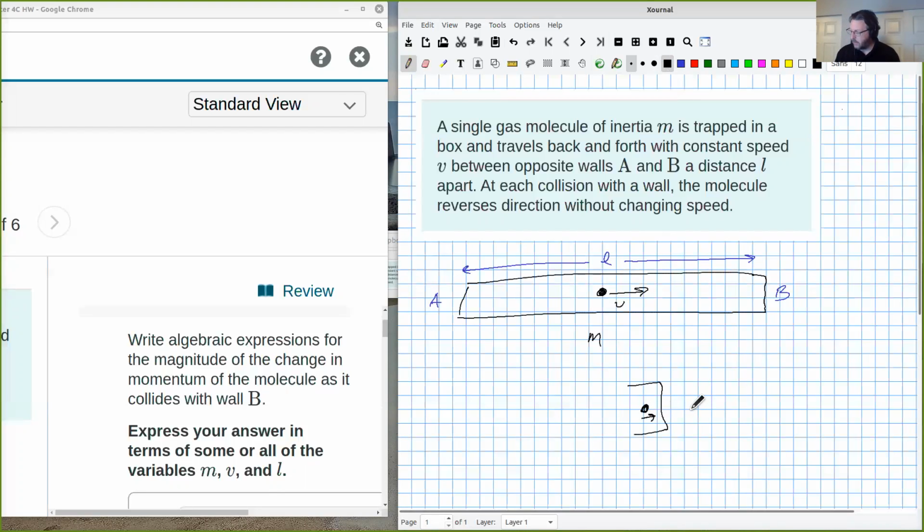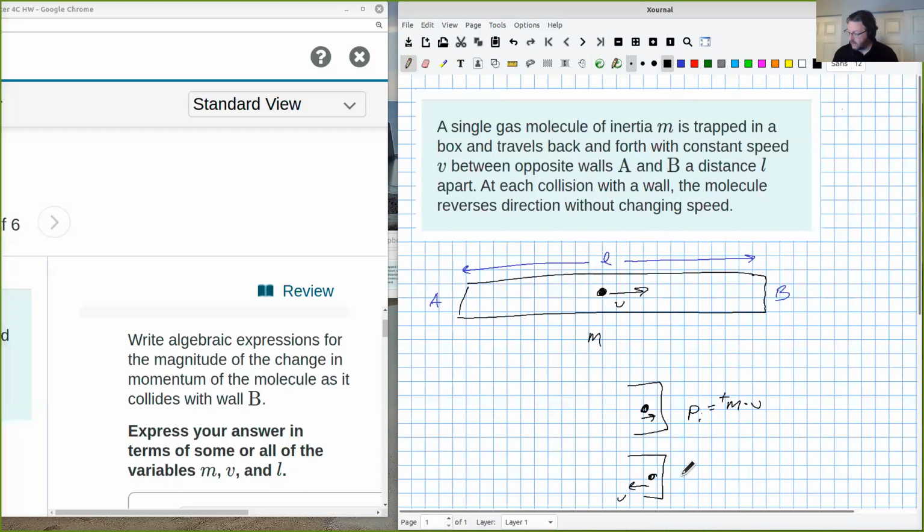So we've got a momentum of p equals inertia of the molecule times the velocity of the molecule to the right. And then just after that collision, we're still zoomed in on that box, the molecule's going the other way now. Nothing else has changed.